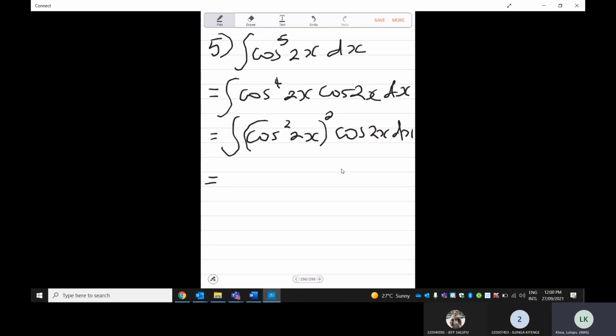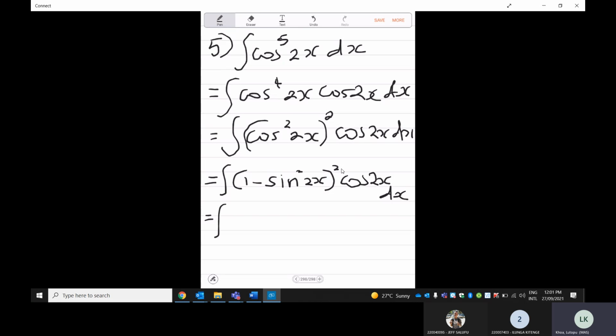So this is the integral of 1 minus sine squared of 2x squared, and then cos 2x dx. And then we can multiply out our brackets. This is the integral.